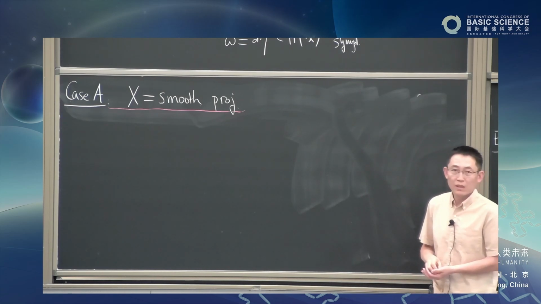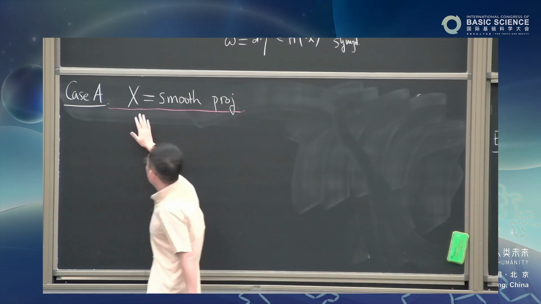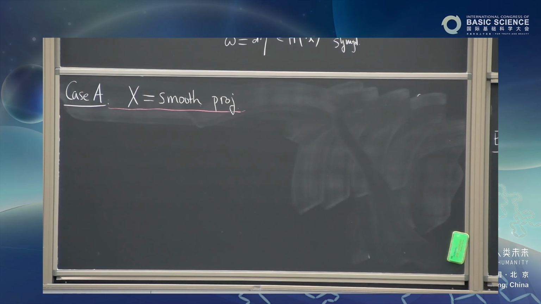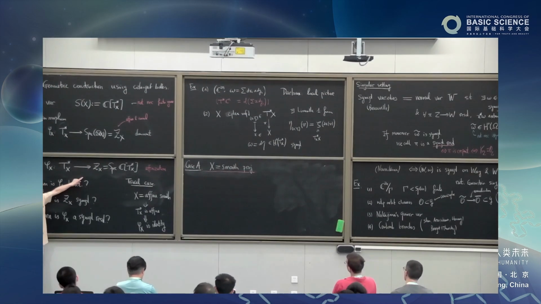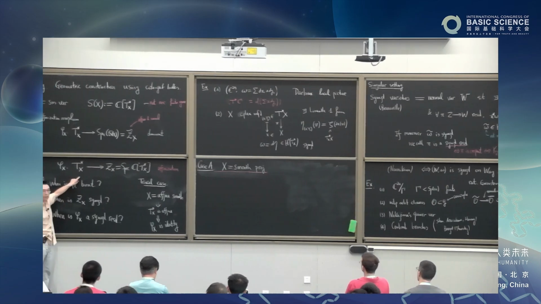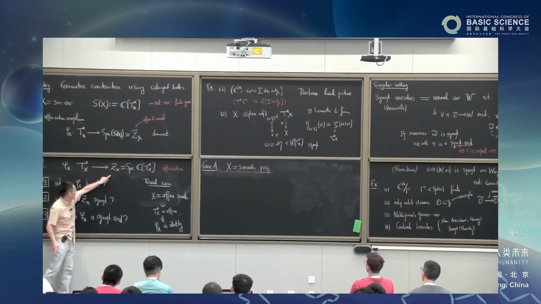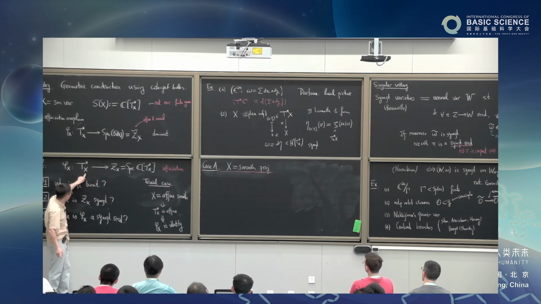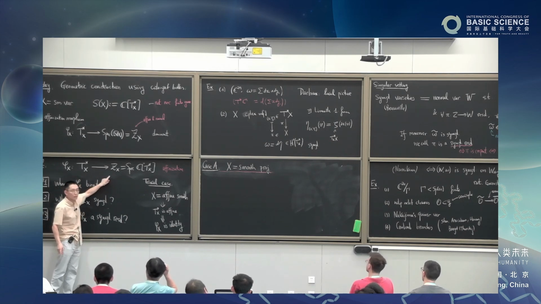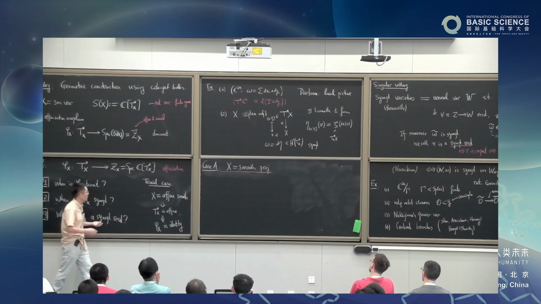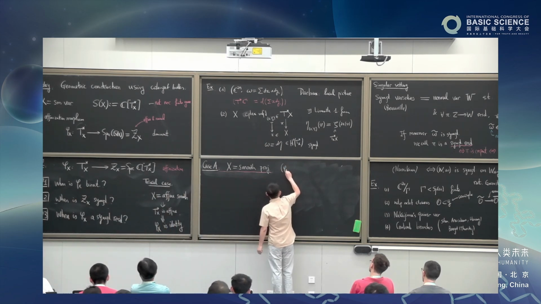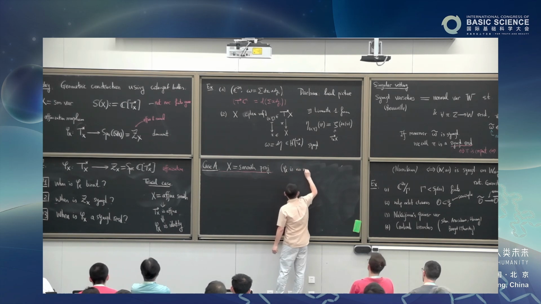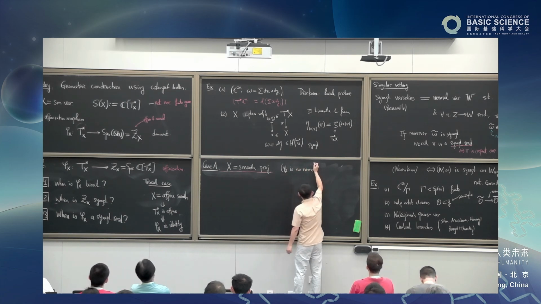If X is smooth projective, then the zero section will be mapped to just one point, because this is projective and the target is affine, so every projective subvariety will be mapped to one point. So phi_X is no longer trivial.